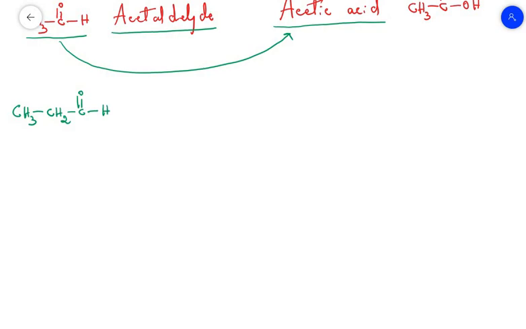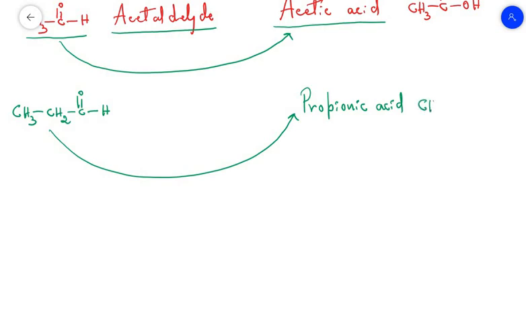Though there are 3 carbon atoms, so therefore it is called as... Let us first write, when this compound is subjected to oxidation, then what will we get? Since an aldehyde on oxidation gives carboxylic acid, and since there are 3 carbon atoms, on oxidation we will get propionic acid, which has the formula CH3 CH2 C double bond O, then followed by OH.